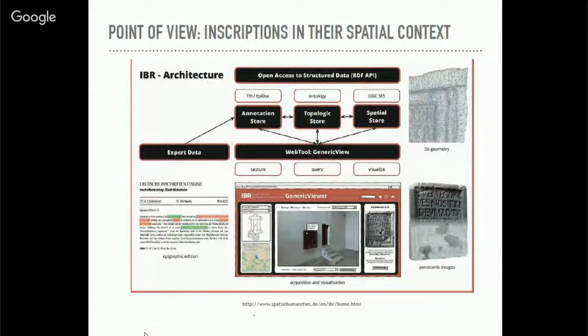And because I always want to give you an actual 3D modeling example, this is a project that was developed by my colleague in Mainz, and I'm not even attempting the German pronunciation, let's just call it inscriptions in their spatial context. What they did was they imaged a medieval church, and then they used this virtual environment to annotate and to investigate the relationship between the artifacts that were in the church.